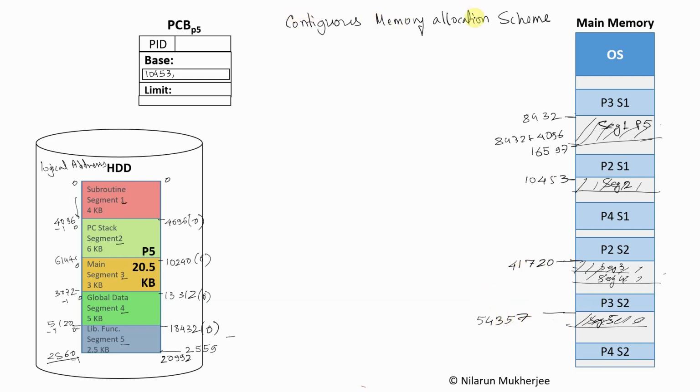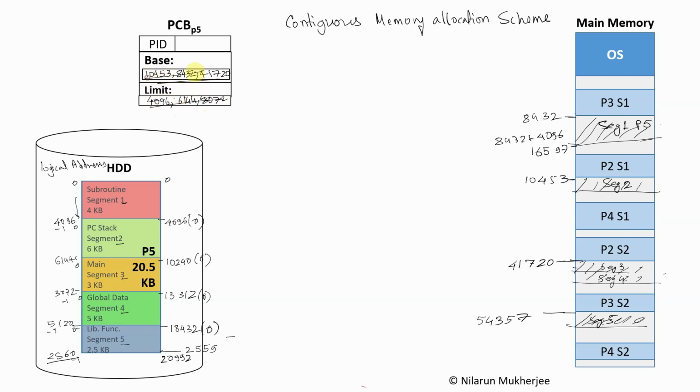So I will have several base addresses, 8432, then 41720, and limits will be different, 4096, then there will be 6144, 3072. So multiple values I have to store.